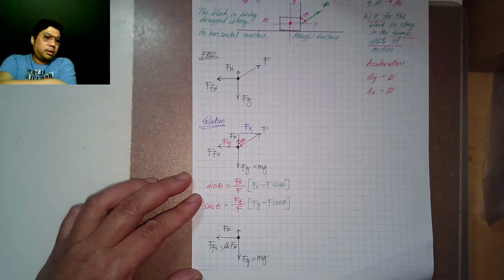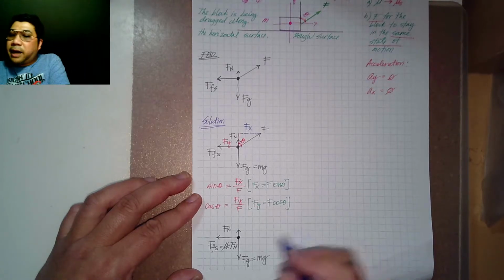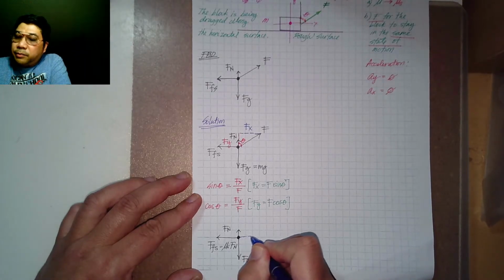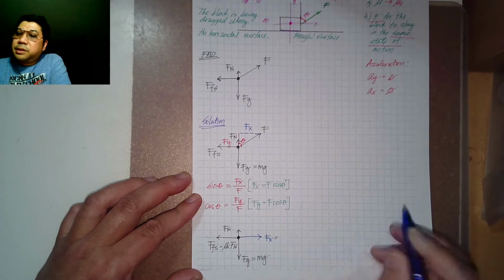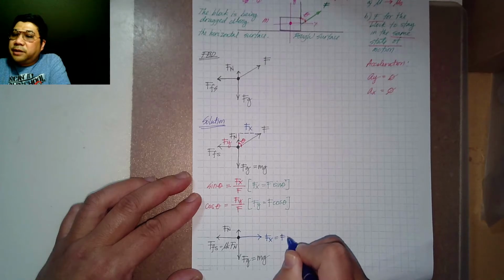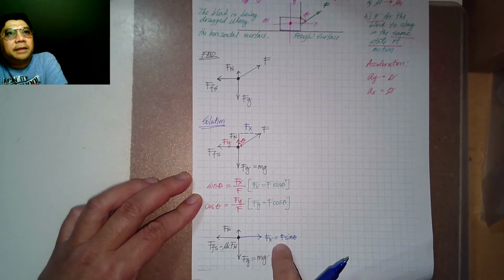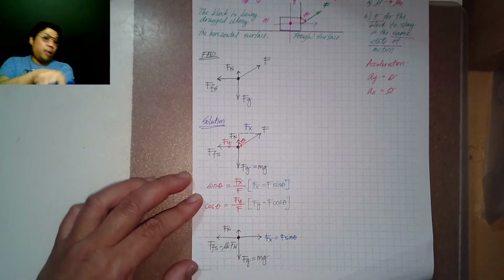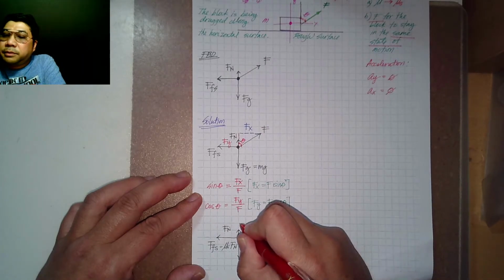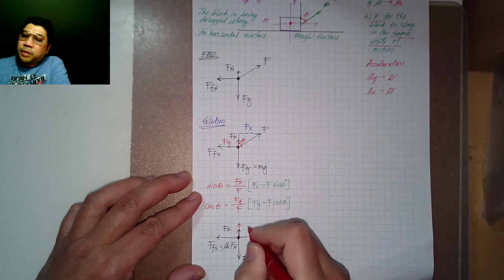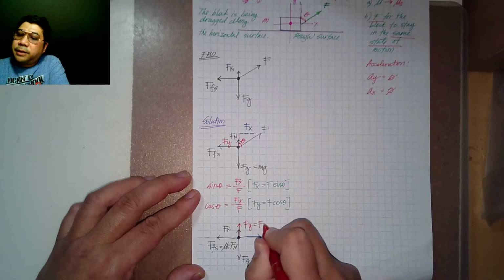And then we have two additional forces acting. First, I have my Fx, which is F sine theta. Don't get confused. This time it's sine because it is measured from the y-axis. And then we have our Fy, which is F cosine theta.